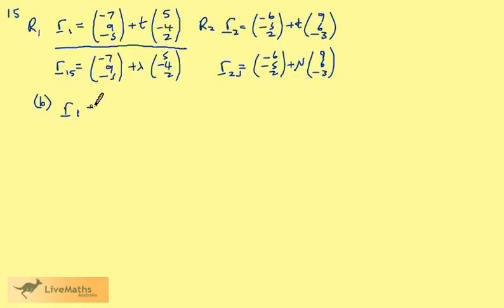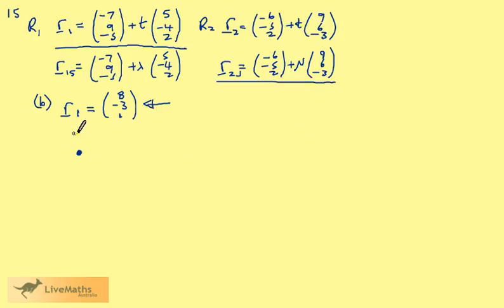So R1 will be at position -7 add 15, so that's 8. 9 take 12 is -3, and -5 add 6 is 1. So we want the shortest distance from this point to this line.